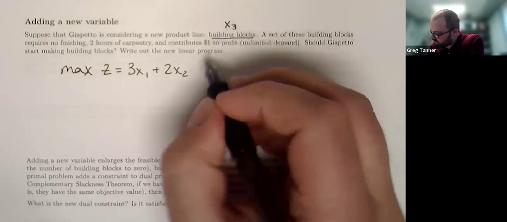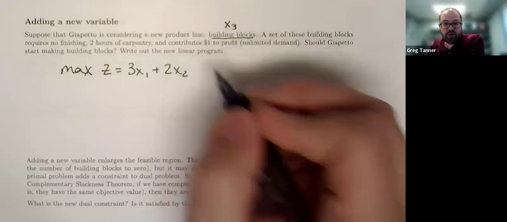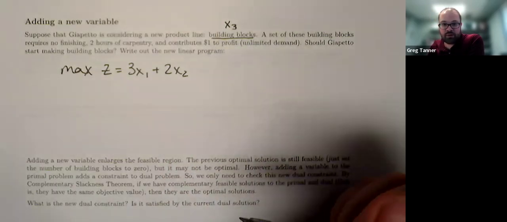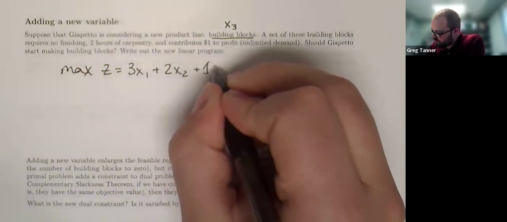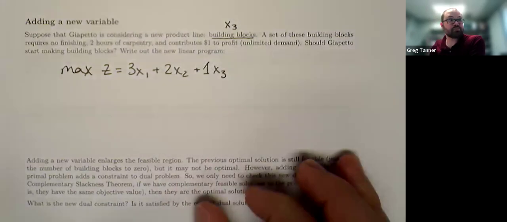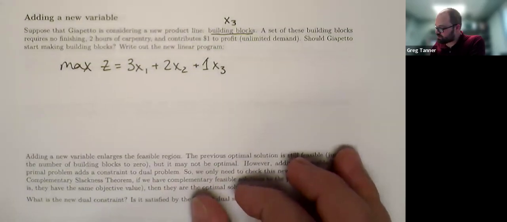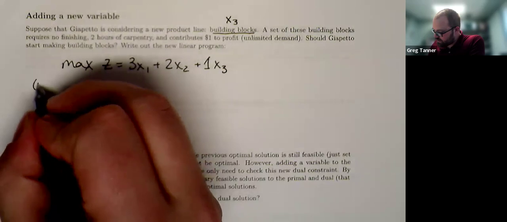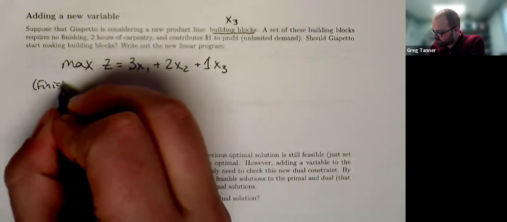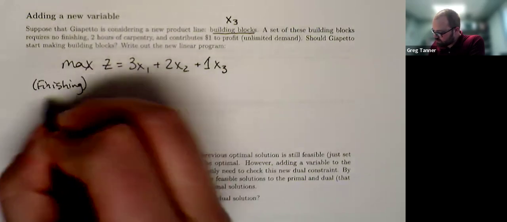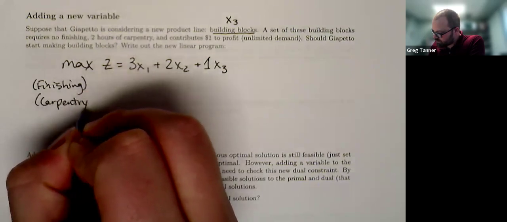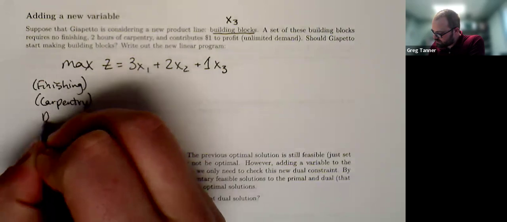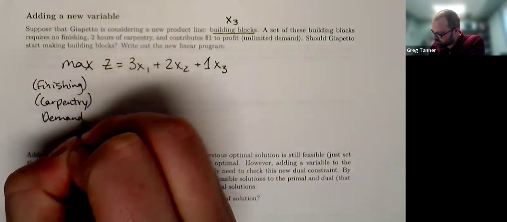And now that we've got x3, it contributes $1 to profit per unit, and so that's plus 1x3. And then let's think about our constraints. So we have our finishing constraint, our carpentry constraint, and our demand constraint.